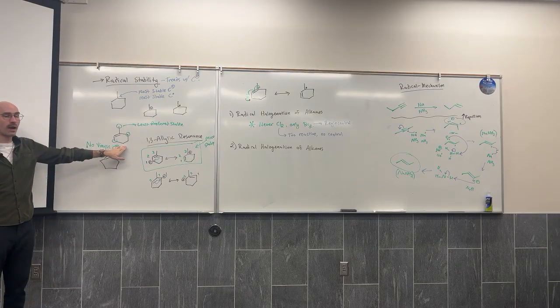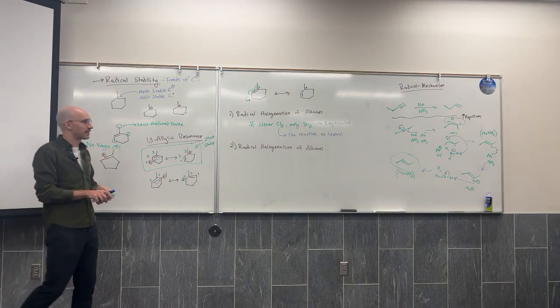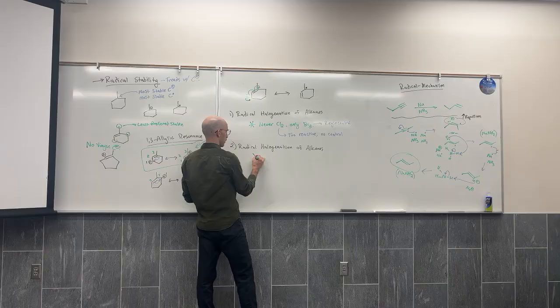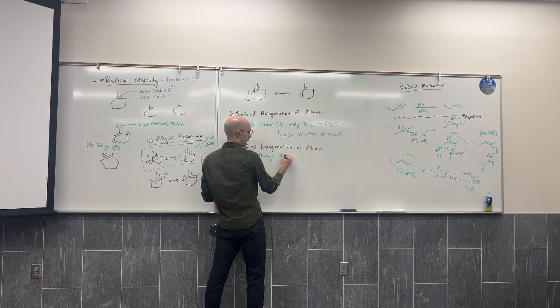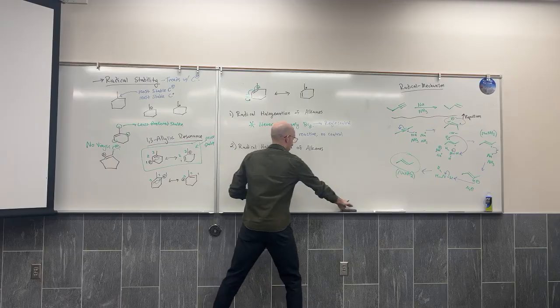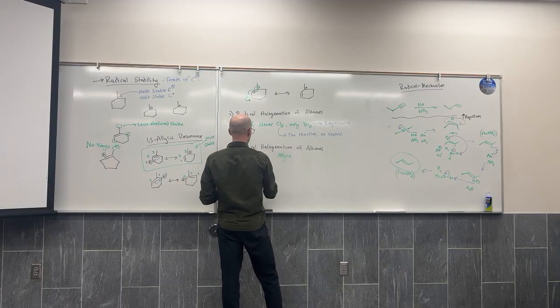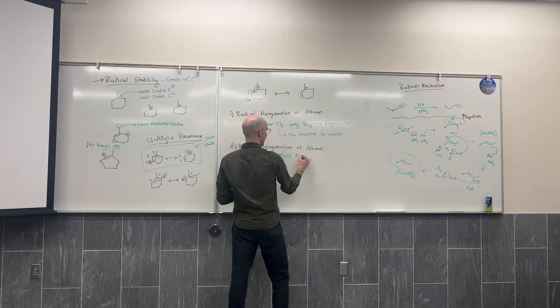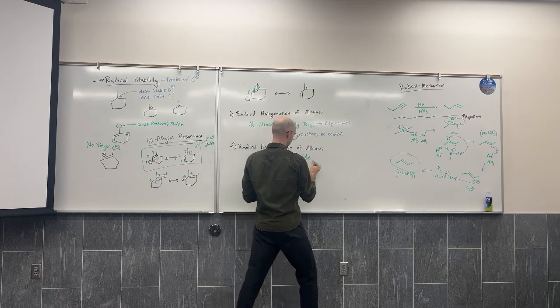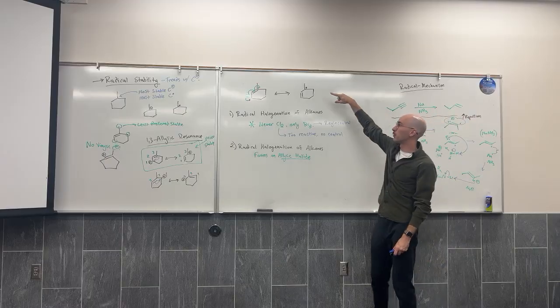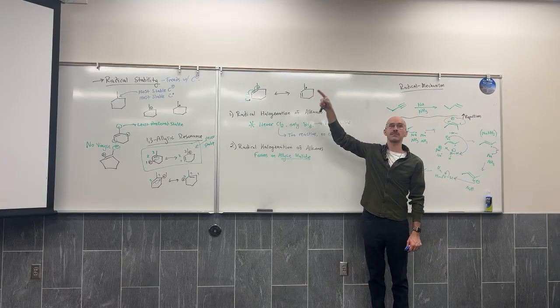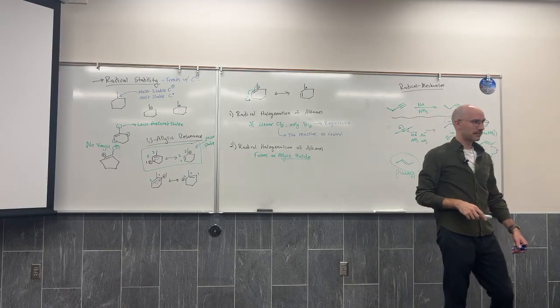But if there's already an alkene present, we'll always form an allylic halide. What do I mean by allylic halide? I mean the radical will be in an allylic position, and the halide will add there.